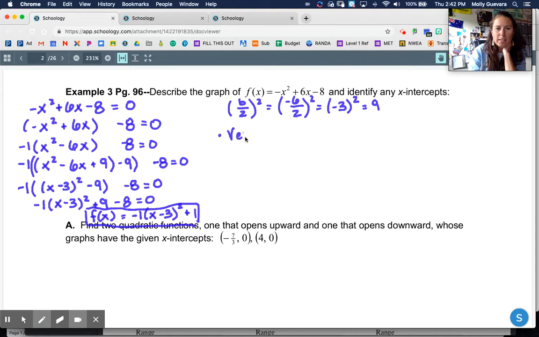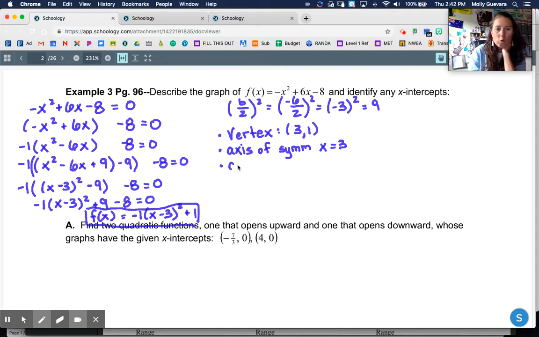Okay, so I want to describe the graph. Well, my vertex, hopefully we see, is at the point 3, comma 1. My axis of symmetry is at the equation x equals 3, because that's my h value.